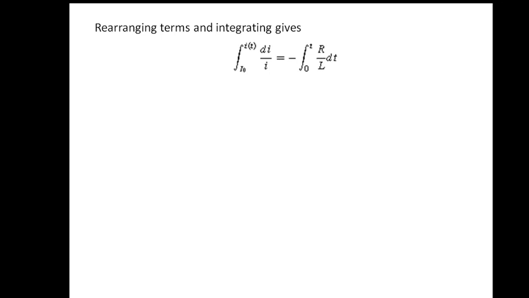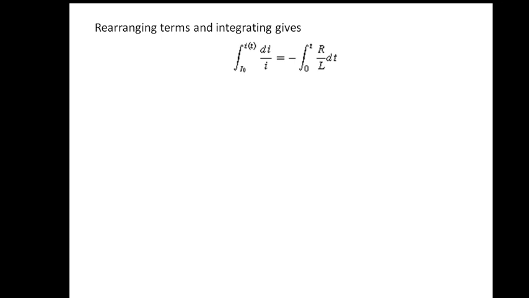Then integrate with respect to the lower and higher limits. So what is the lower value of current? I naught, the initial value. The high value is I of t. Similarly, the time is 0 initially, and maximum is t. Now integrate this. On the left hand side, the integral of di by I is nothing but ln, the natural logarithm, with limits I naught to I of t.